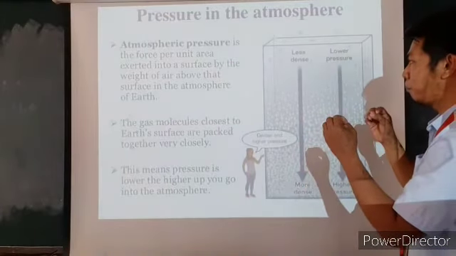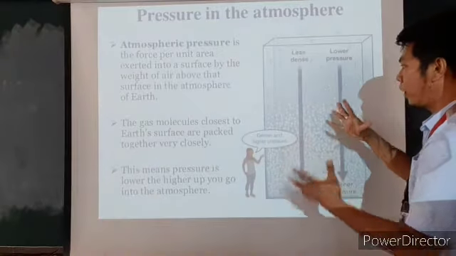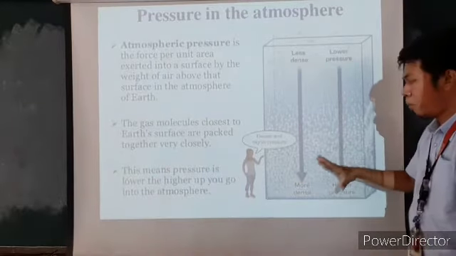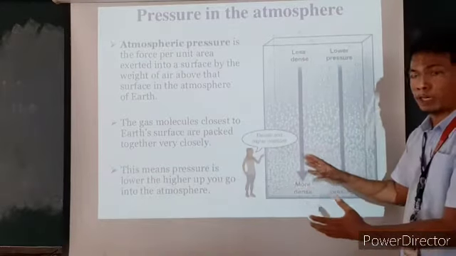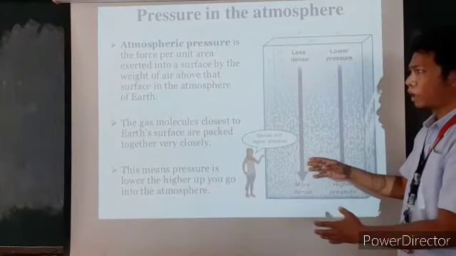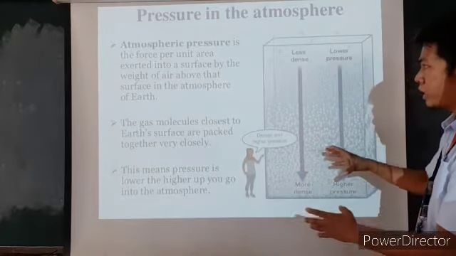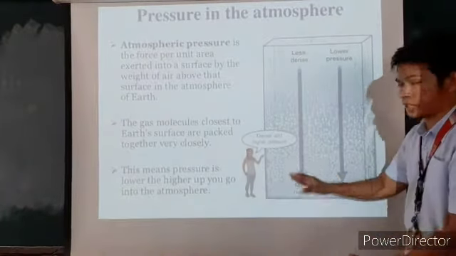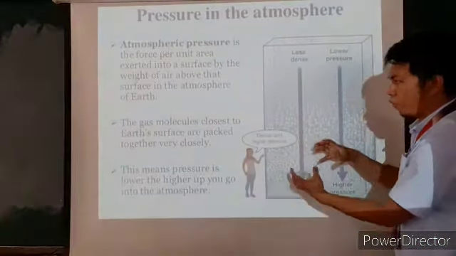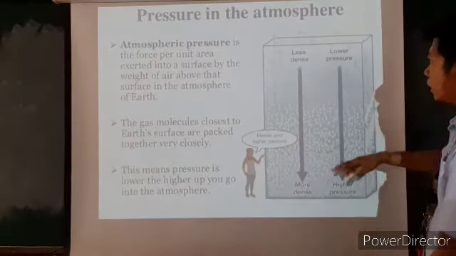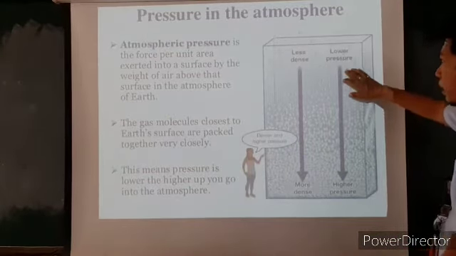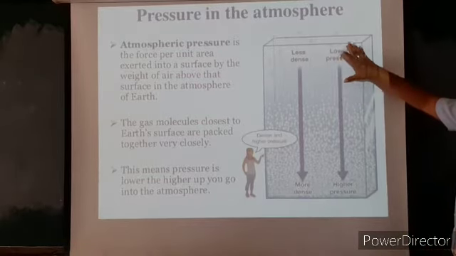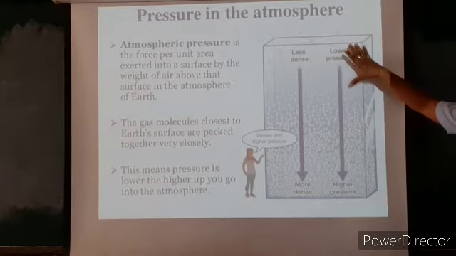But as the molecules go down, the molecules in the lower part, or the molecules near the Earth's surface, are more compact. So as you see in this part, compact siya. While this one illustrates that the upper part of this area is lower pressure.